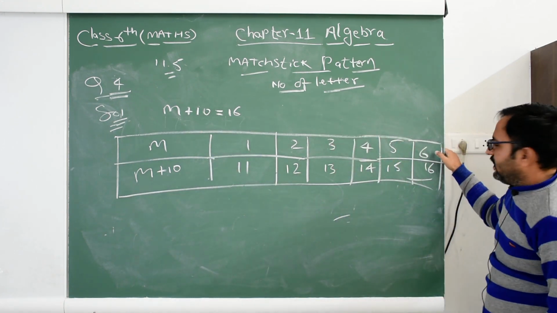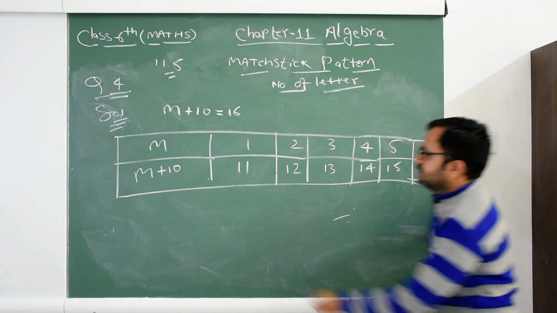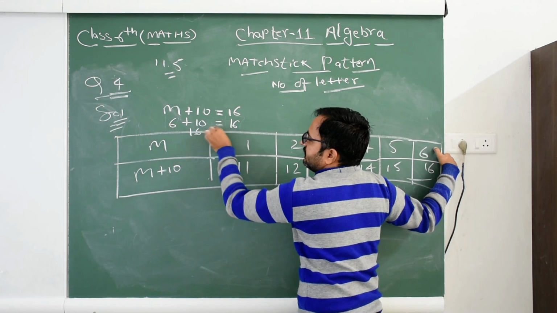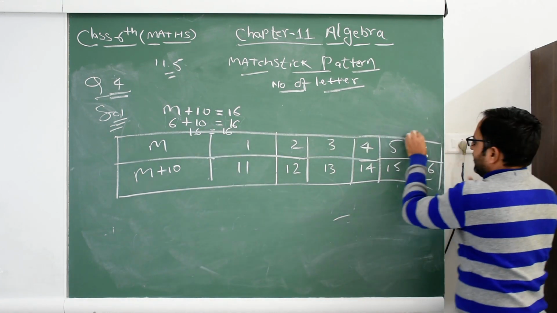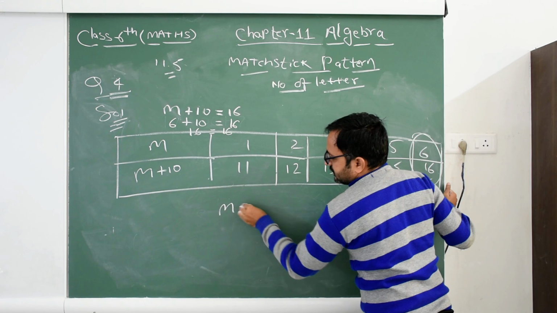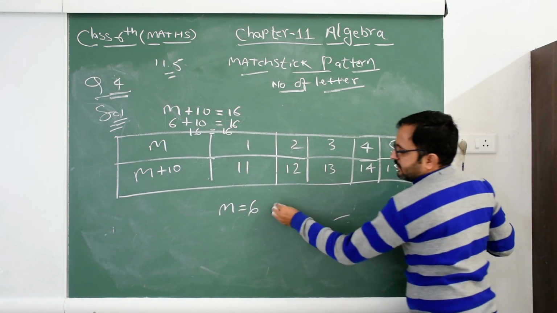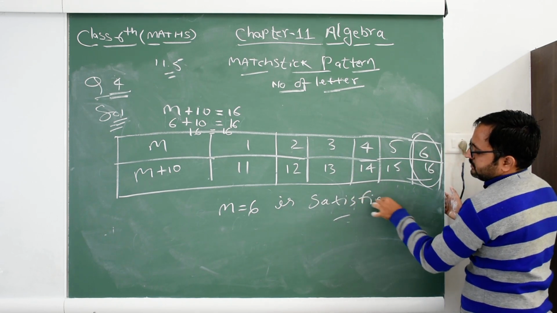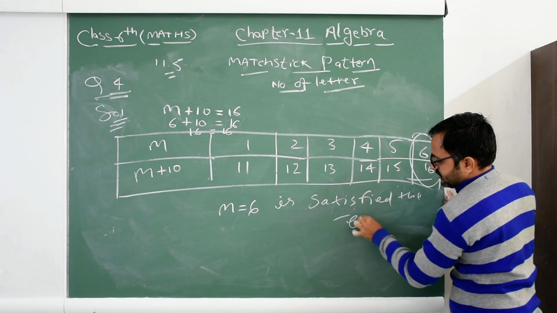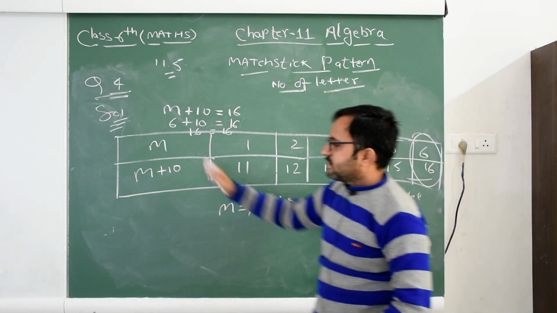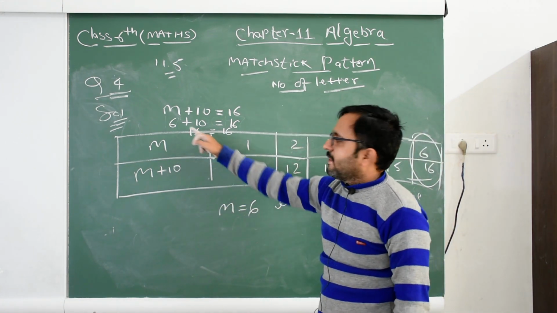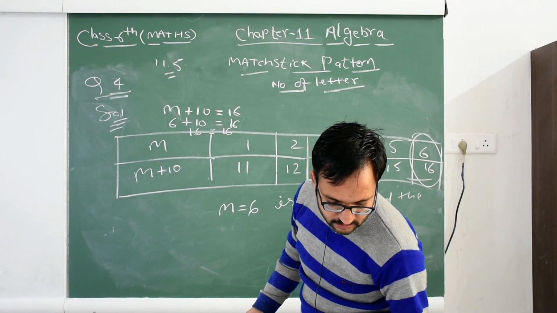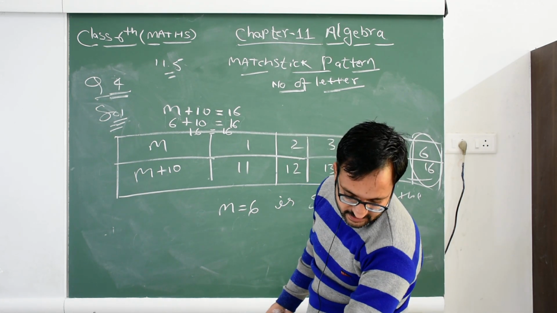That means if we put the value of m as 6, 6 plus 10 equal to 16, so 16 equal to 16. So m equal to 6 satisfies the equation. The solution of this equation is m equal to 6. We solve the question parts b, c, d the same way.